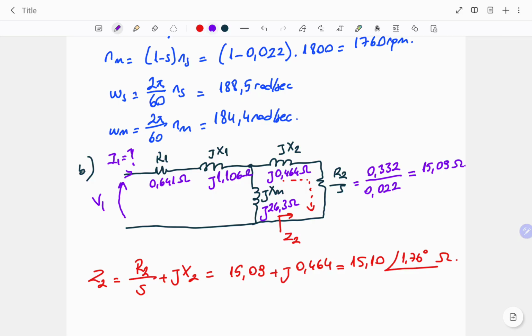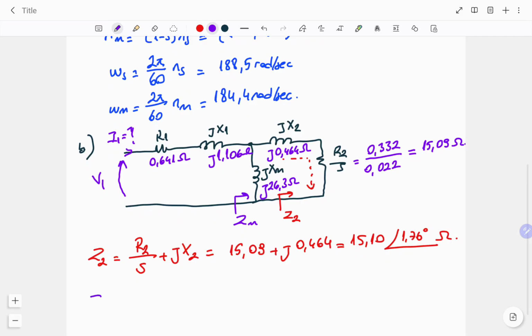Then what we have is a parallel connection of XM with this Z2. Let's call it ZM. For ZM, we have a parallel connection: 1 over jXM and 1 over Z2.